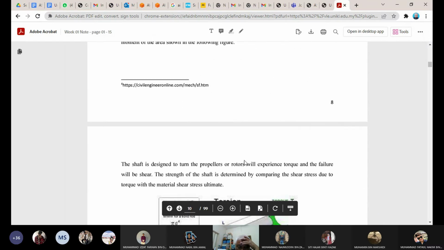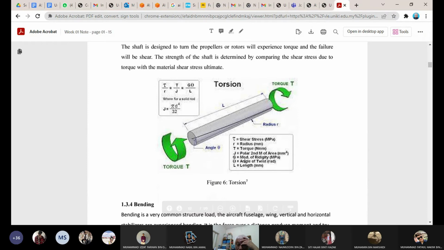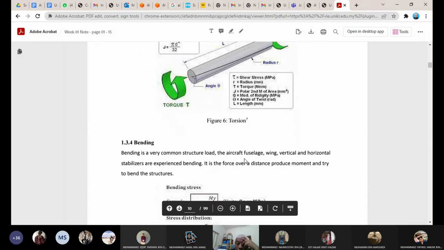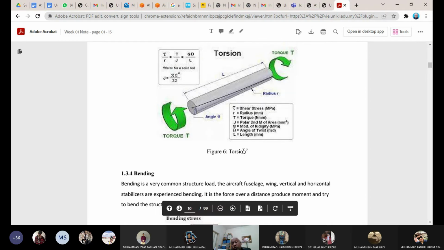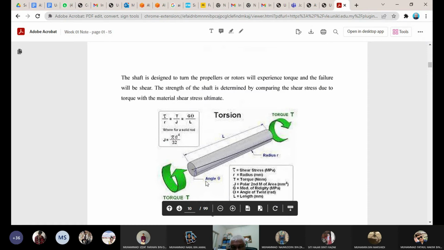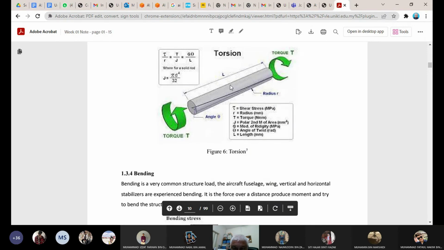Another one is torsion. Torsion is when you twist. When you twist something, you basically get axial stress. You don't get torsional stress; this is just the term we use. In reality, we get shear stress. You try to twist something, and the failure will be a rupture along the shaft.